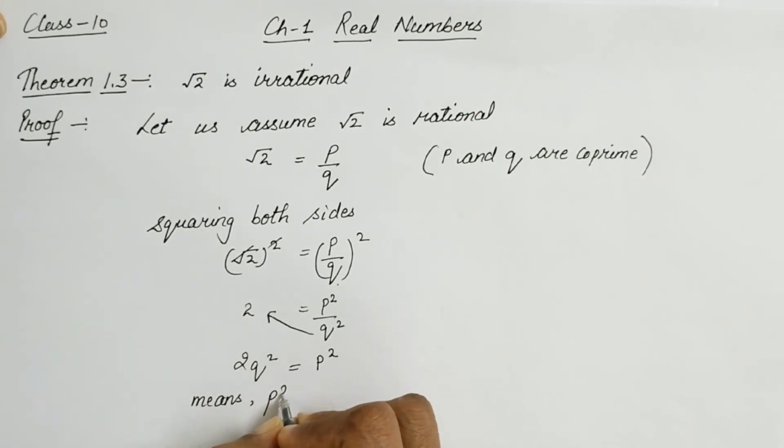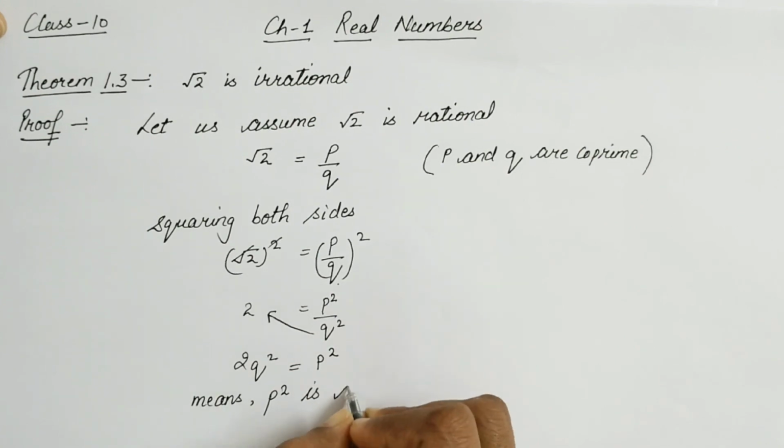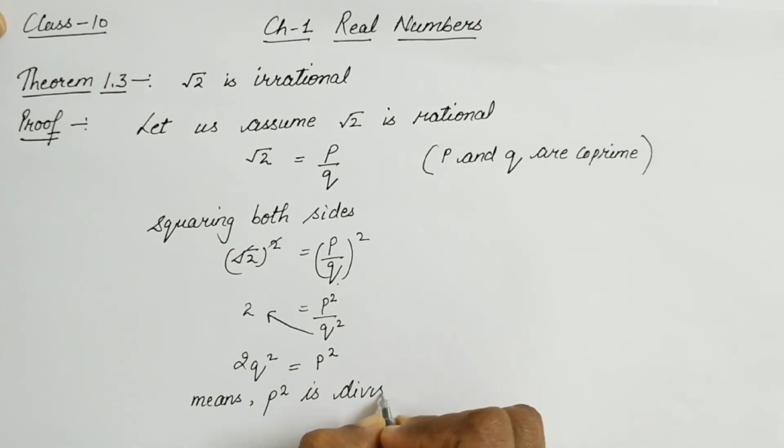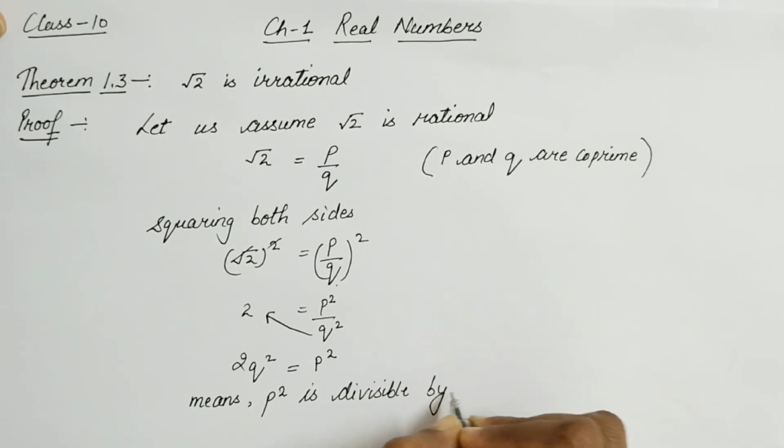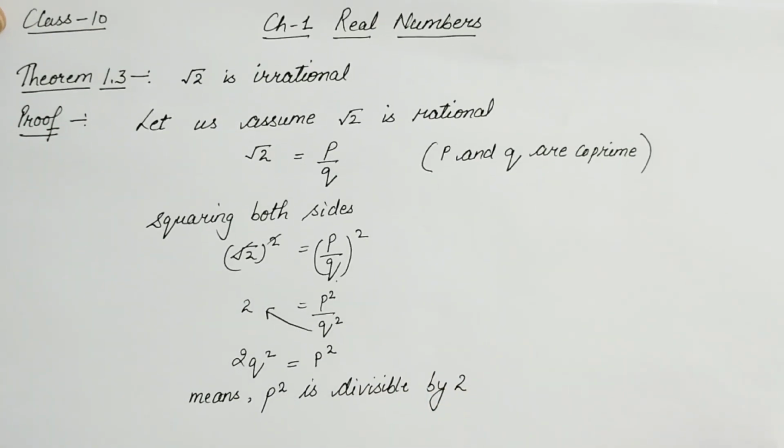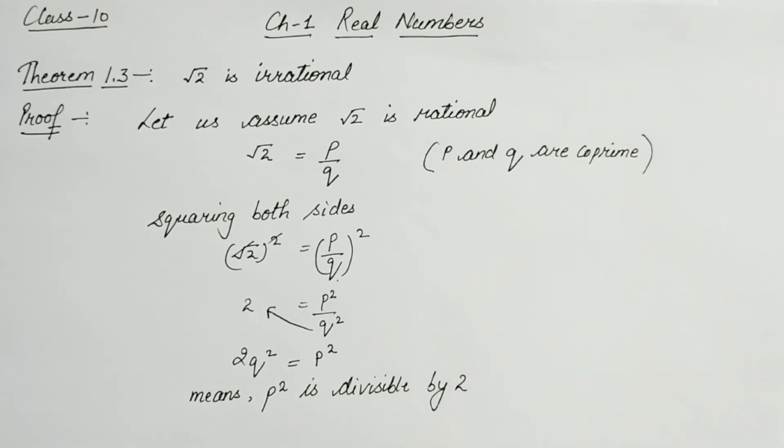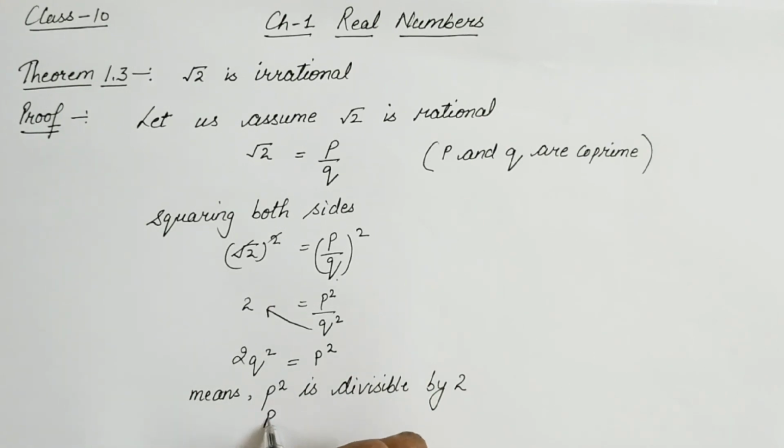Means p square is divisible by 2. Now we have done that theorem 1.2. It says that if p square is divisible by 2, p is also divisible by 2.